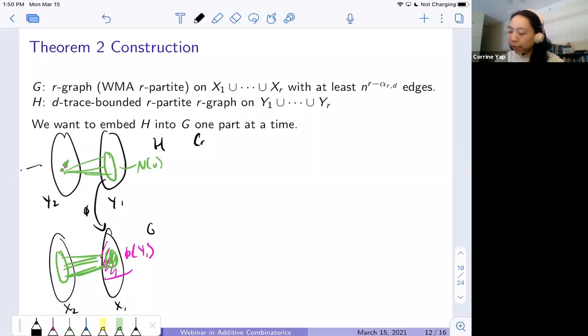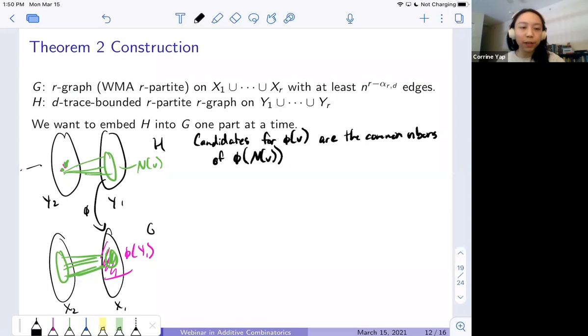So my candidates for phi of v are the common neighbors of phi of N of v, right? Because I need phi of v to be adjacent to all of its neighbors.